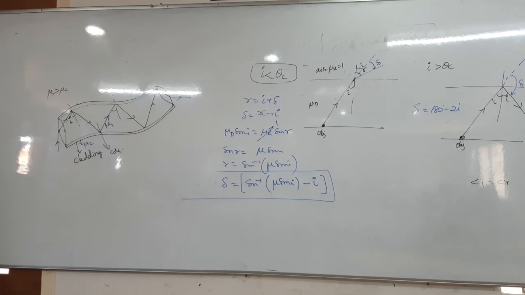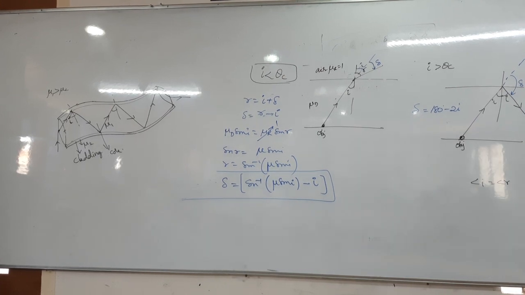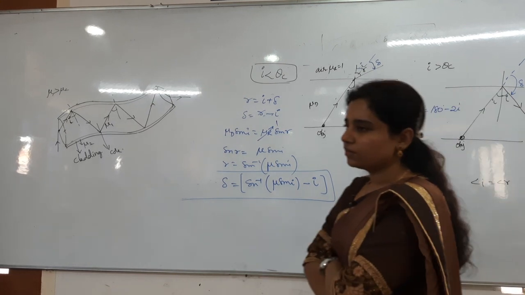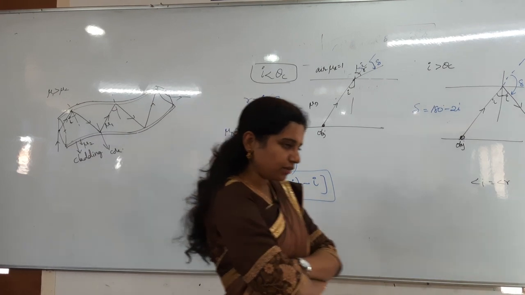The next line, in optical fiber, the incident ray will enter into the core and hit the boundary between the core and cladding in such a way that the angle of incidence is greater than the critical angle.